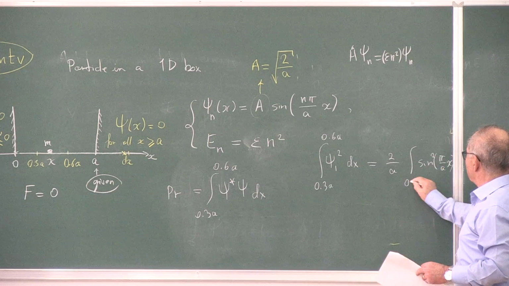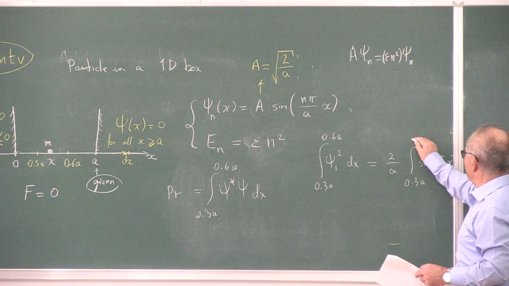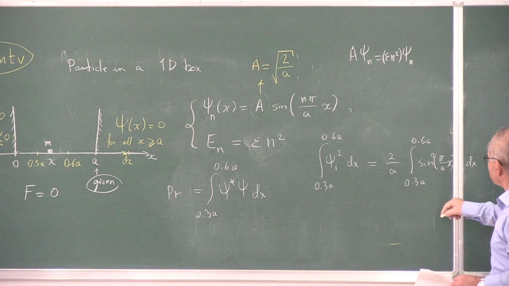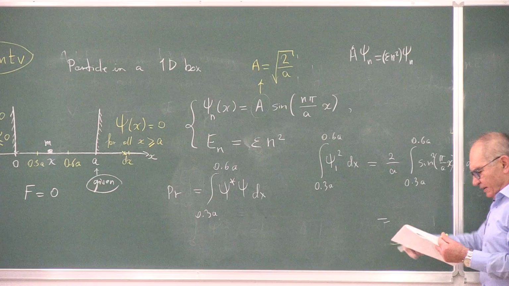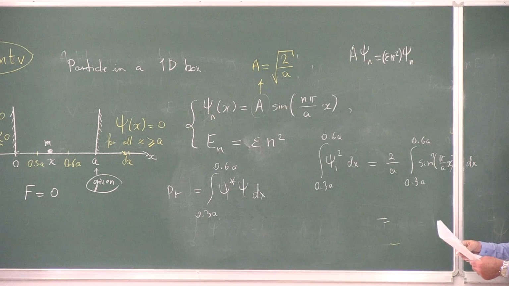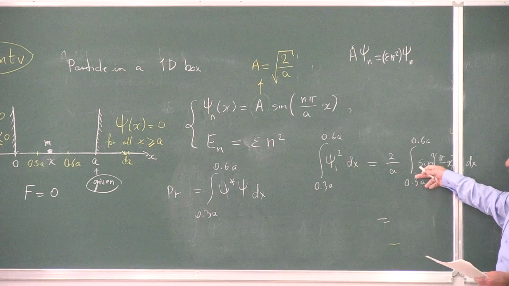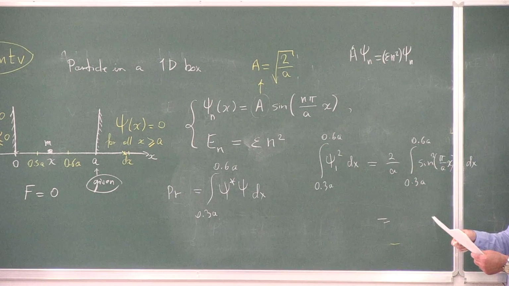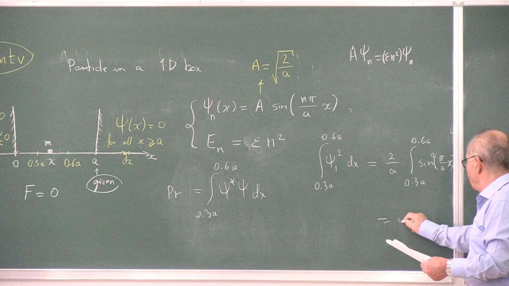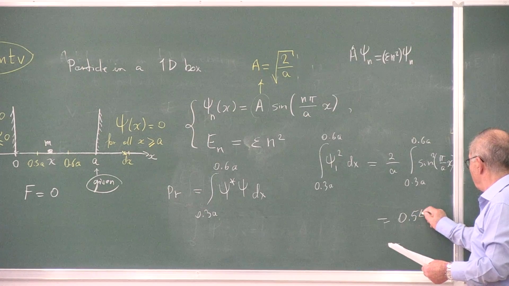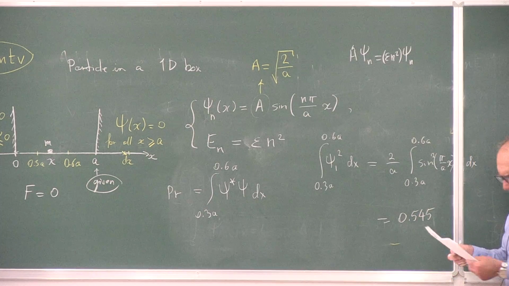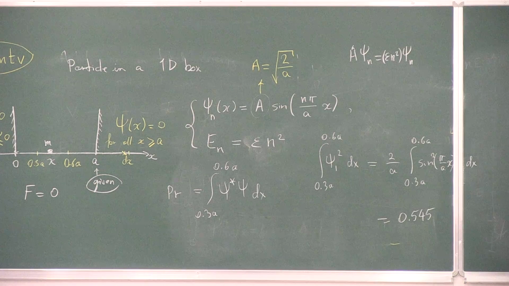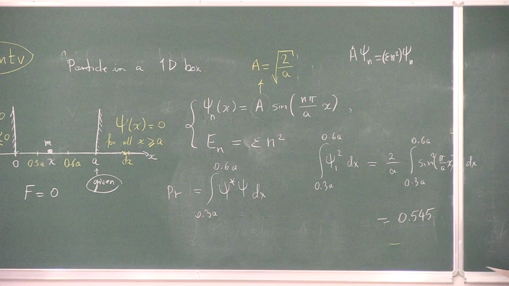Integration limits are from 0.3a to 0.6a, dx. When you do the integration and put the limits, then multiply with 2 over a, the result is 0.545.